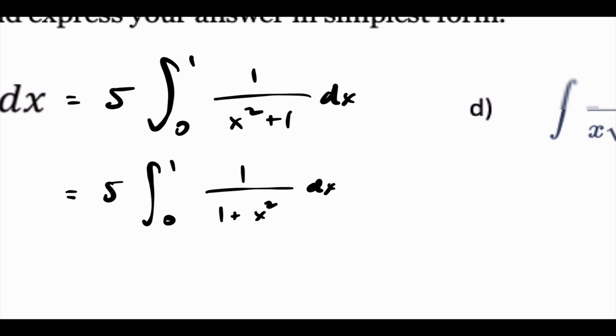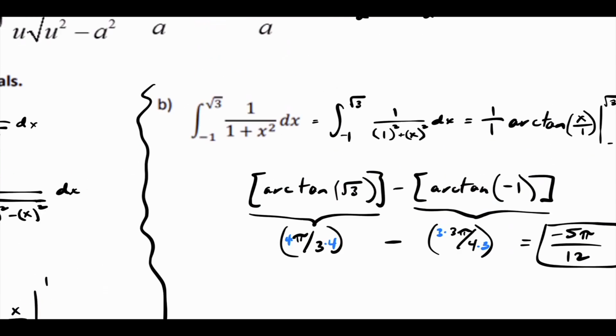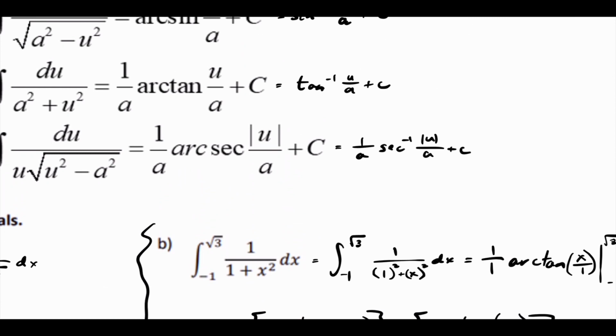Okay? So it's going to be the same thing we just did. The only difference is it has a 5 in front. So we're going to multiply our answers by 5 and plug in the new values.